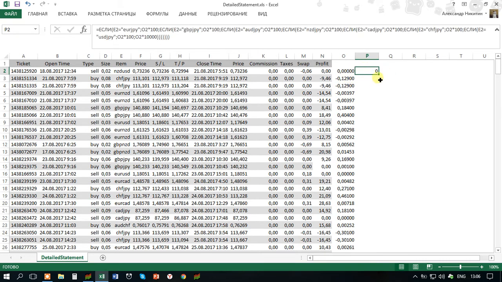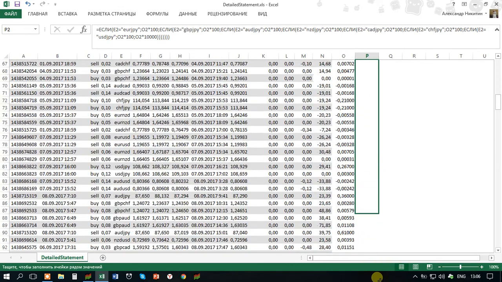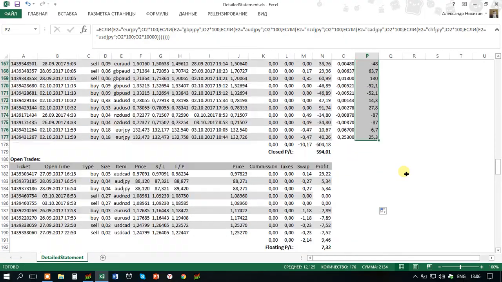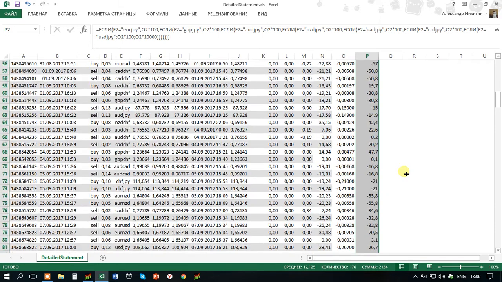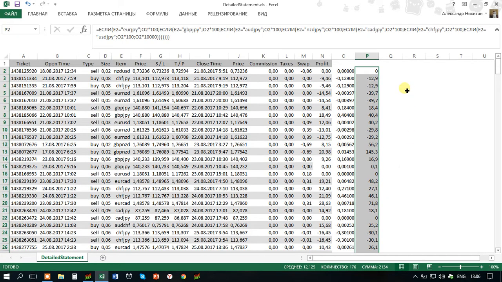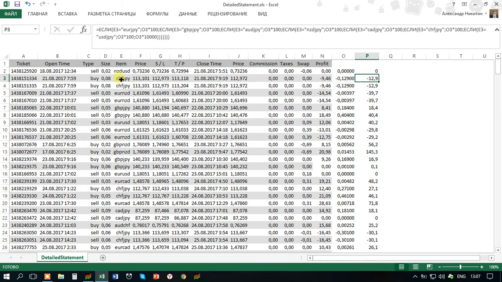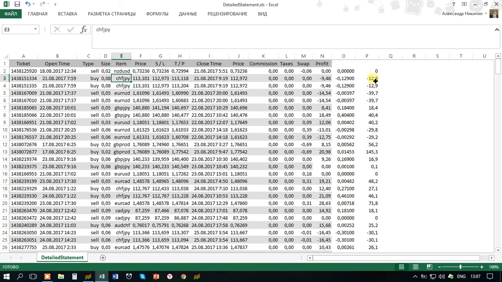I have it 0. If I have 0, this is 0. And let's stretch the formula. And you will see the magic of this. So if I have a yen pair, this amount is multiplied by 100. This is a yen pair, yes, 100.